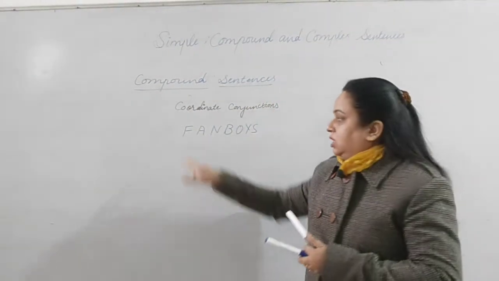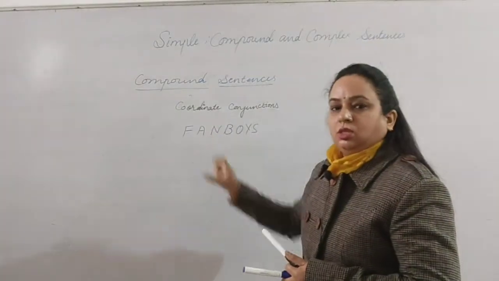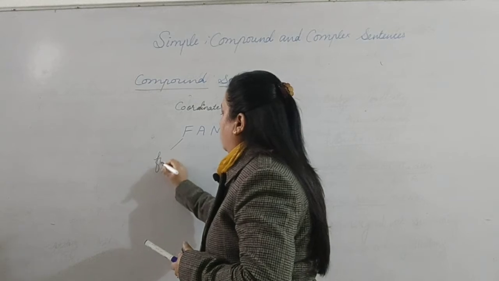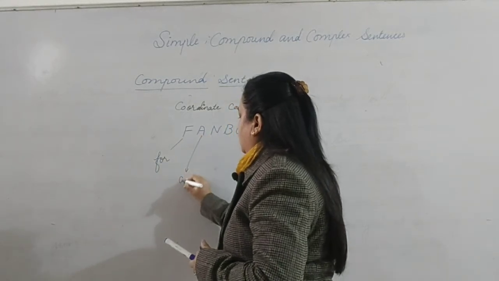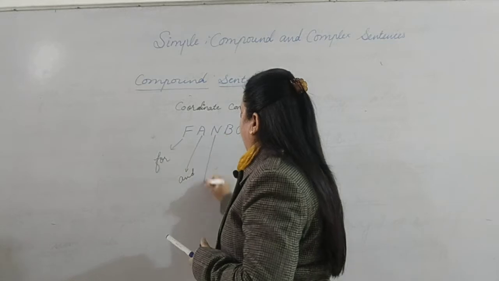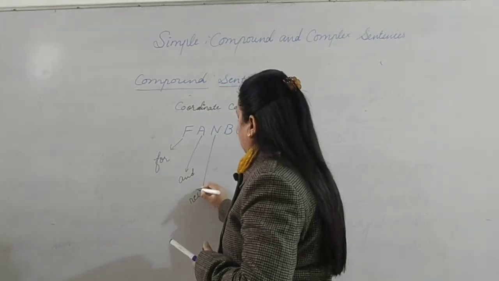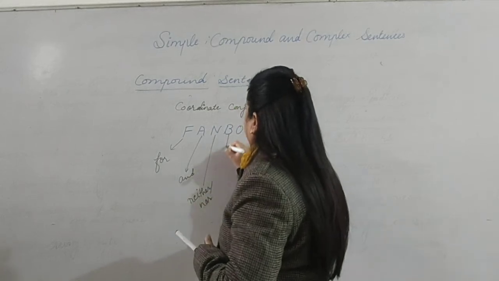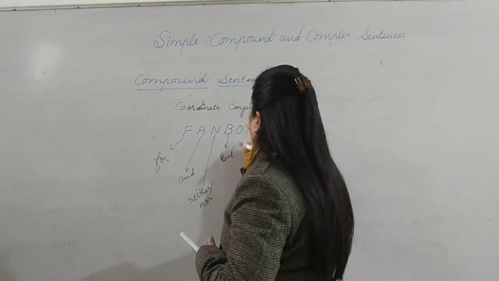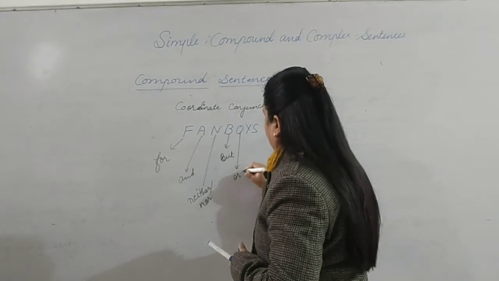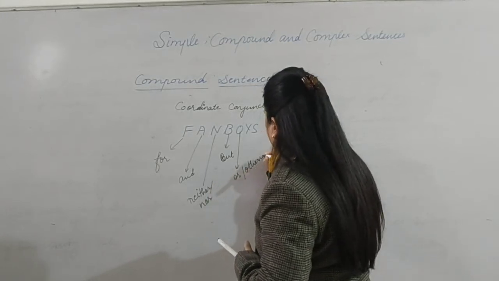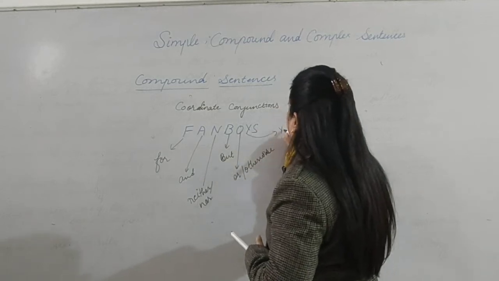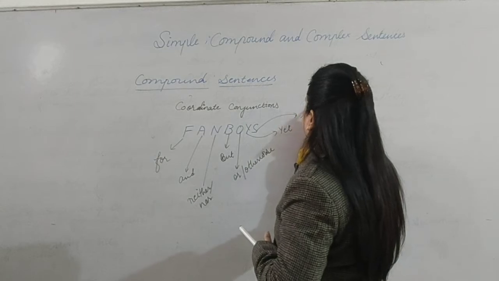These are the coordinate conjunctions, the first letters of each. So see, F for for, A for and, N for neither nor, B for but, O for or and otherwise, Y for yet, and S for so.